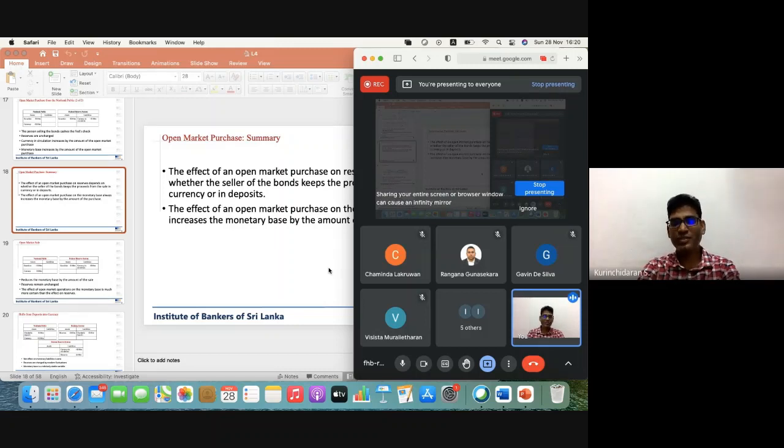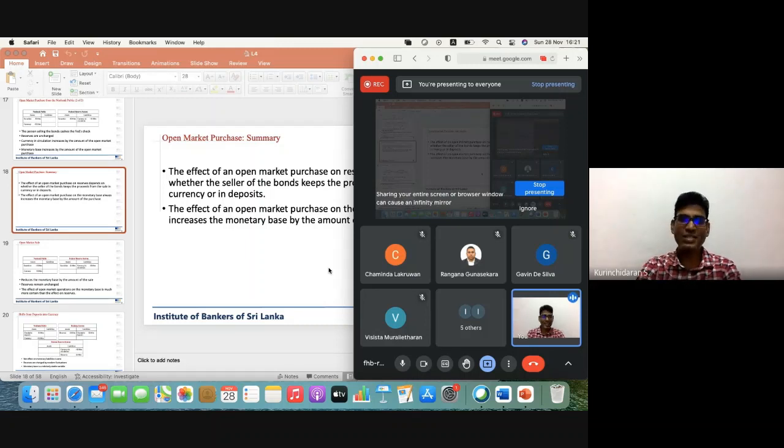In other words, safeguard the value of local currency. In other words, no continuous increase in the general price level, or no significant fluctuation in the price. So central bank always wants to keep the price stable.